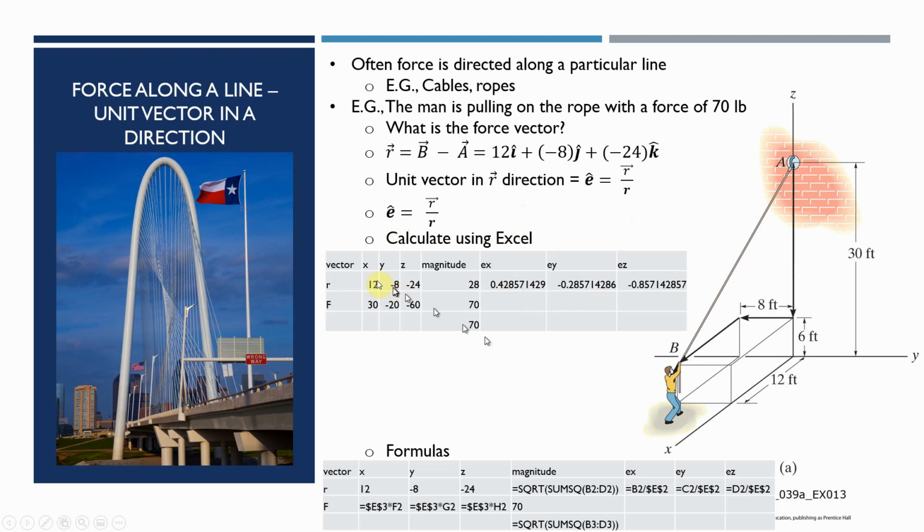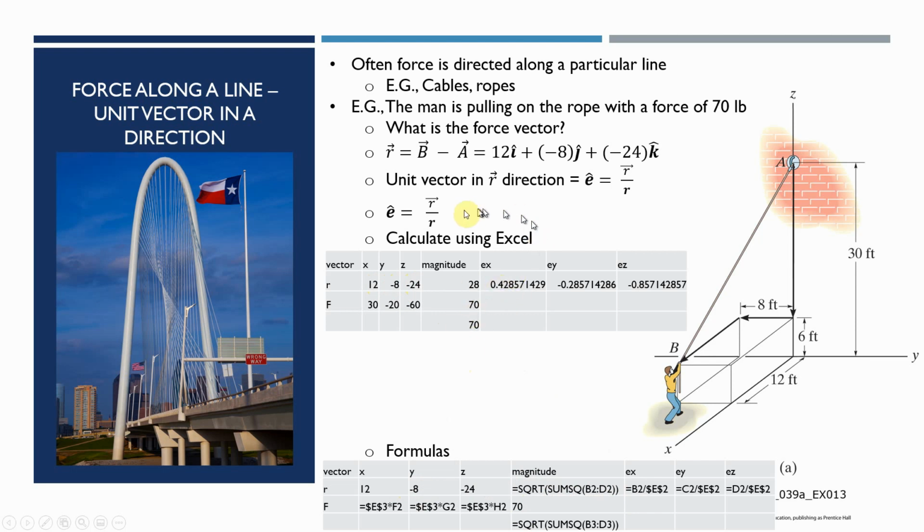Using Excel, so we put R in here, F in here, figure out the magnitude, and it's the square root of the sum of the squares of the 3 components. So we take these 3 components, square them, and then take the square root of the sum of all these squares to get the magnitude.